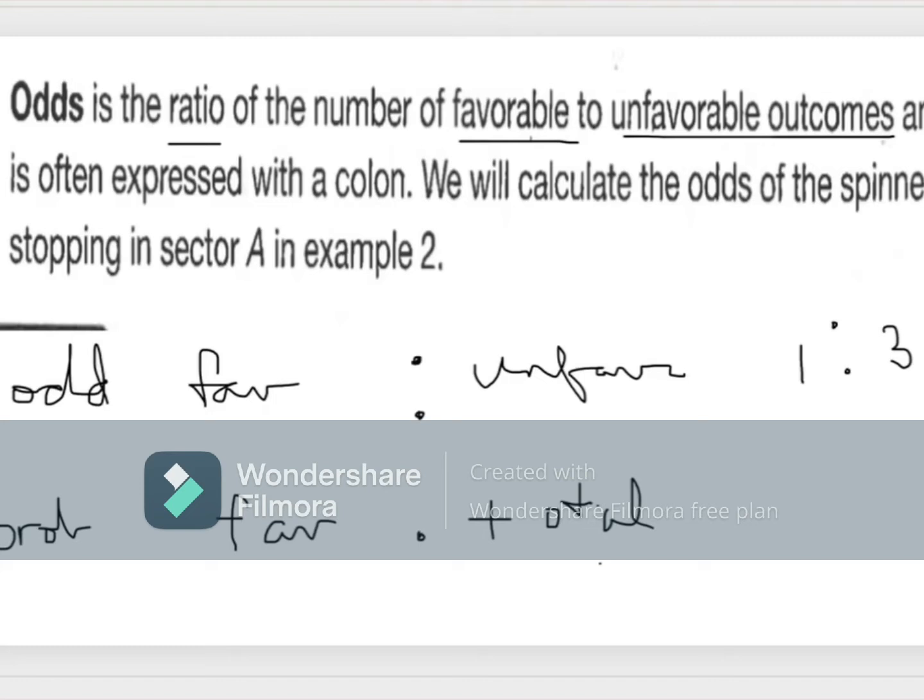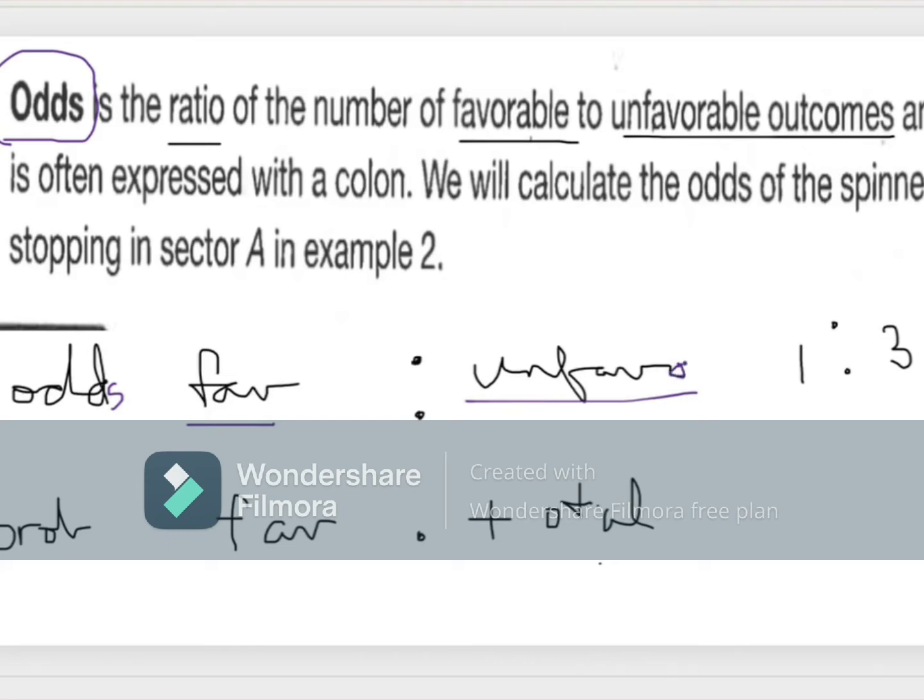So here we're talking about odds, and odds are different from probability. Odds is the ratio of the number of favorable to unfavorable outcomes, and is often expressed with a colon. So here's a colon, and odds means we're going to have favorable to unfavorable. This is hard to write on, guys.